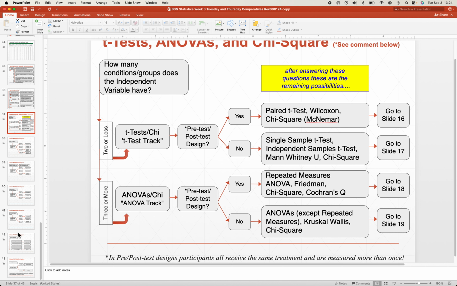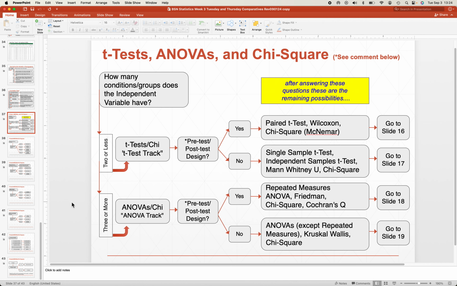But you can follow this. Once you've identified a question as being a comparative type question, you would come to this particular slide. And the first question we ask with our comparative group is, how many conditions does the independent variable have? And if you remember, we talked about this.